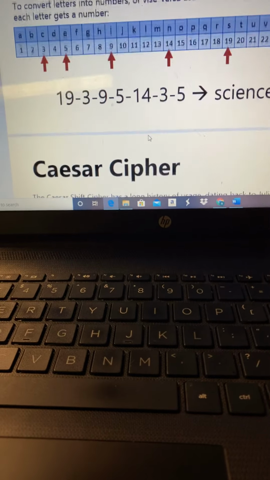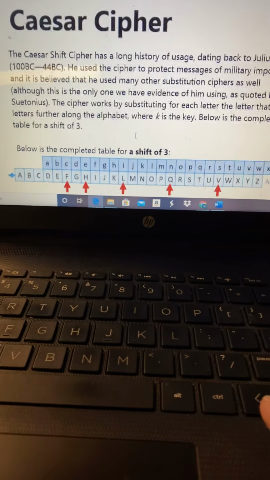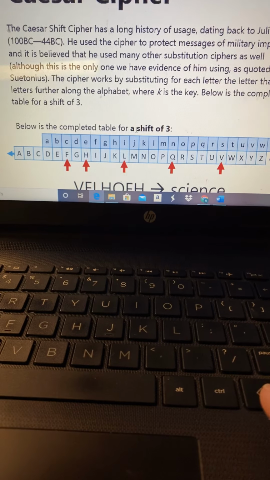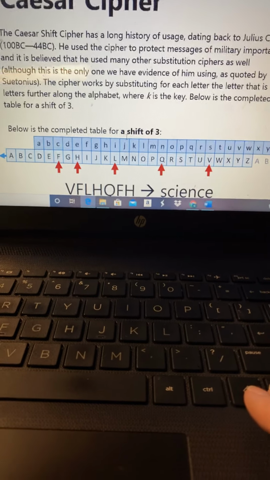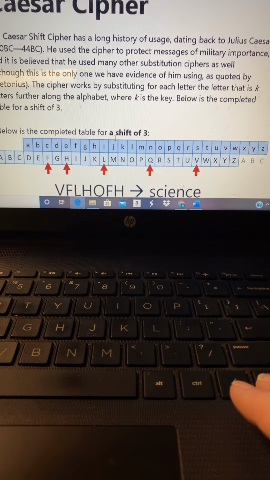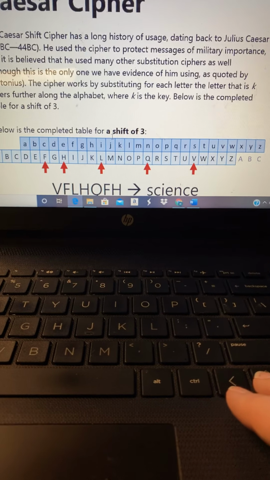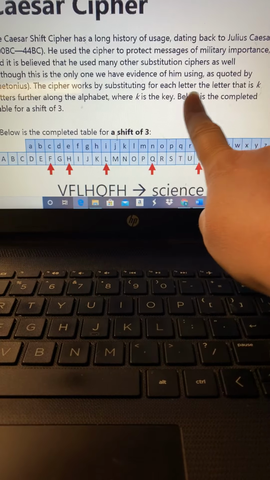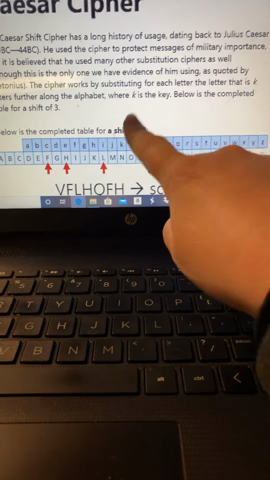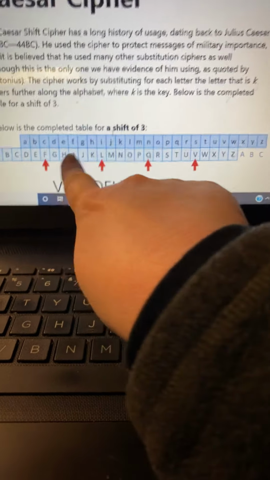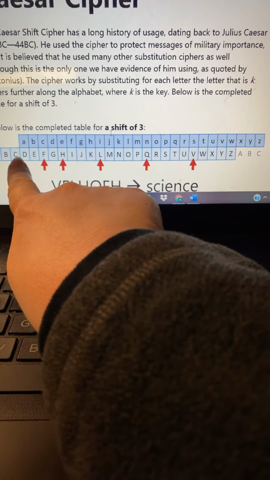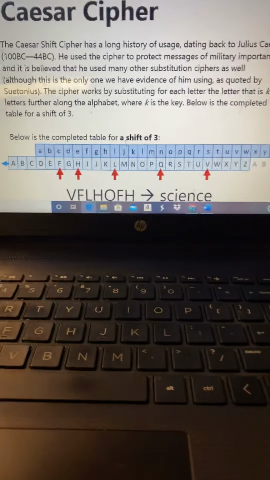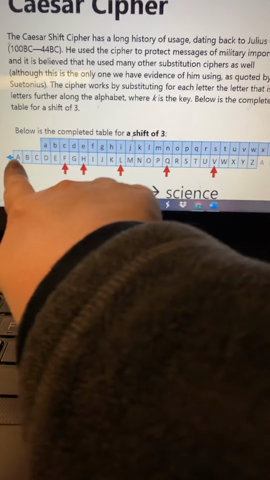Okay. Next one is the Caesar cipher. So in the Caesar cipher, we're using the alphabet again, but they give us a key, okay? The cipher works by substituting each letter. Oh, wait, they give us a key to shift 3, okay? Which means we start our code shifted down 3.